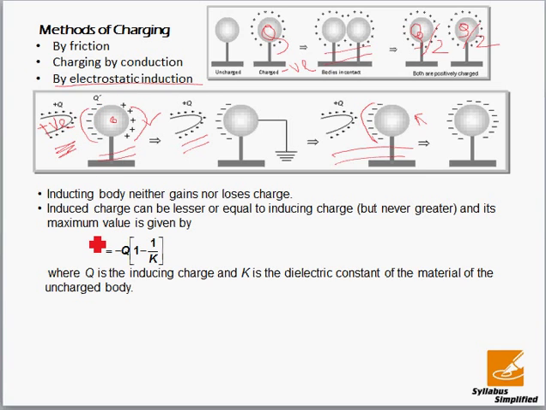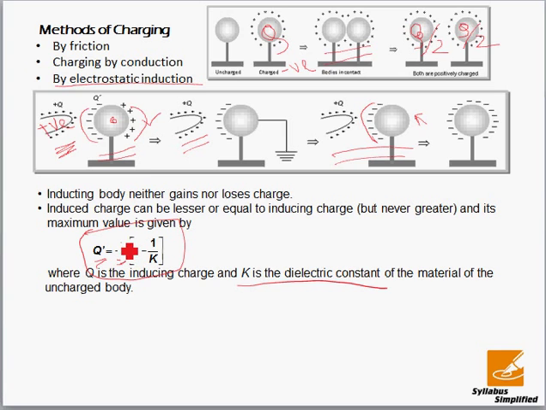The induced charge is given by this equation: the charge induced in the body, q prime, is equal to minus q times 1 minus 1 by k, where k is the dielectric constant of the material. In our further lectures, we will come to know what the dielectric constant is. This equation will help you in your entrance examinations. And as you can see here, there is a negative sign.